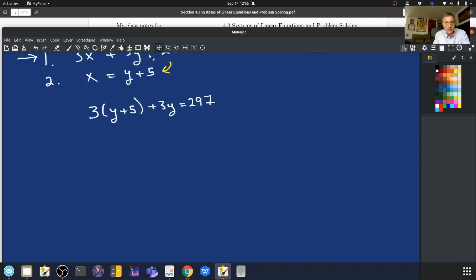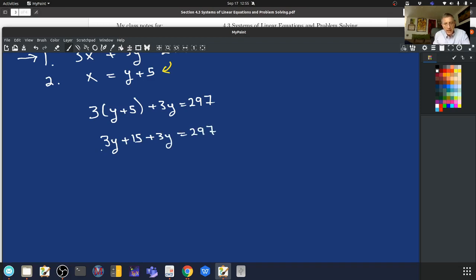So now it's just a matter of solving a simple linear equation. So that's 3 times y, and 3 times 5 is 15, plus another 3y is equal to 297.